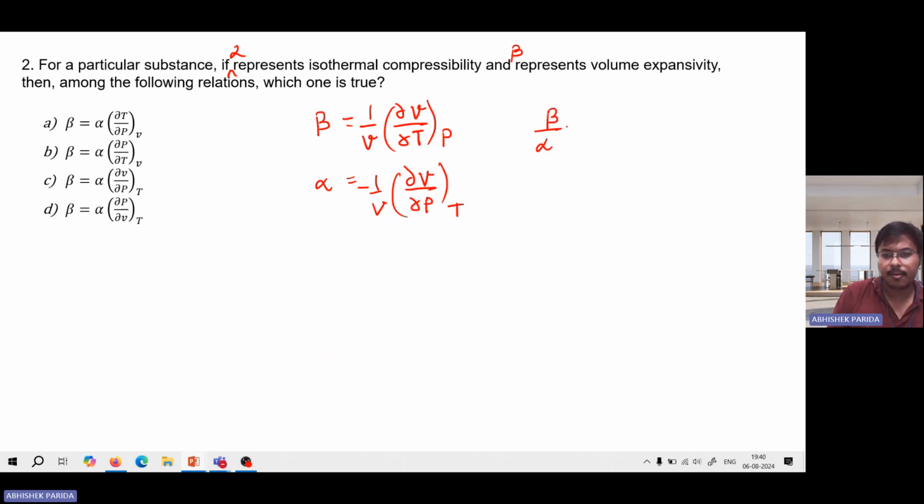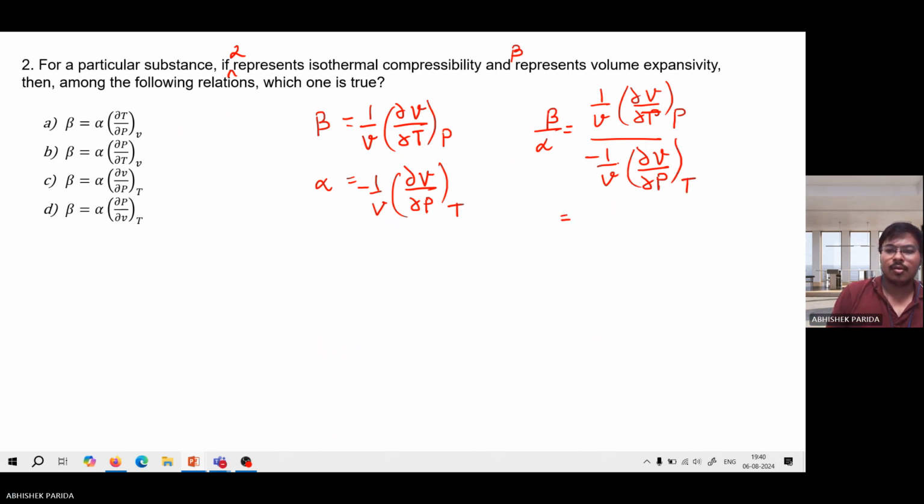Beta by alpha is equal to minus dou V by dou T at constant pressure divided by dou V by dou P at constant T.